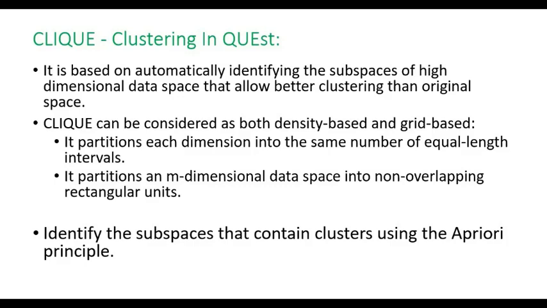And next, partition the data space and find the number of points that lie inside each cell of the partition. This identifies the subspaces that contain clusters using the Apriori principle.